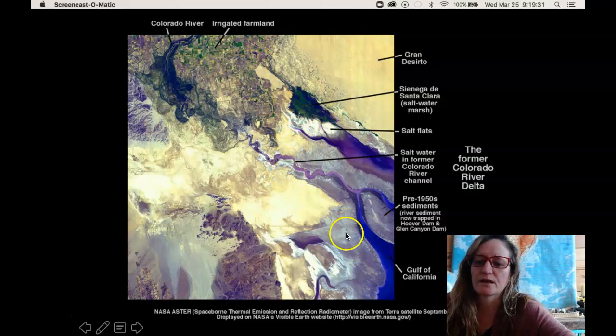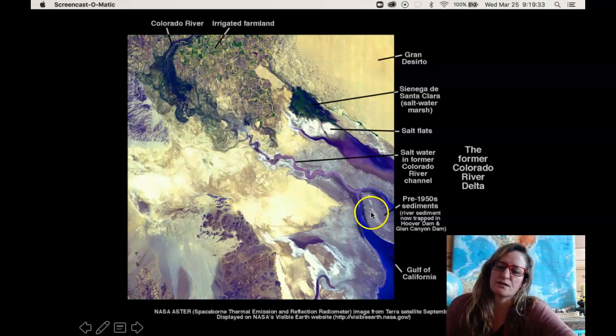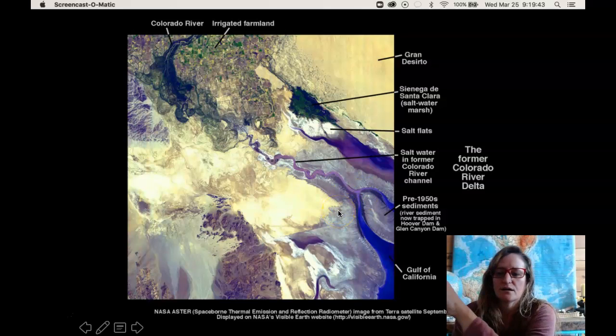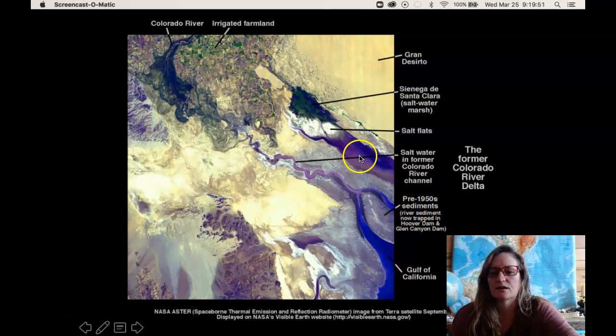These kind of giant sandbars down here are old sediments from before Hoover Dam was built, and the Glen Canyon Dam was built, backing up sediments in Lake Mead and Lake Powell. So these are pre-1950 sediments. There it is. So it doesn't reach its delta anymore.